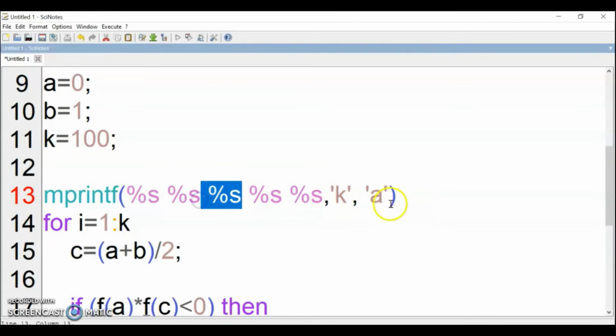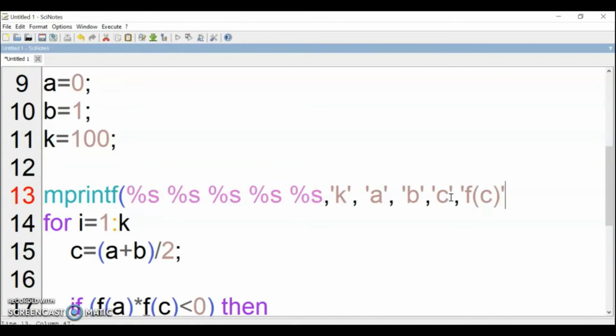And this one stands for my b interval. And this one stands for my c interval. So 1, 2, 3, 4. I must have 1, 2, 3, 4. And then the other one is my root, where my root is fc. fc, that's the root.